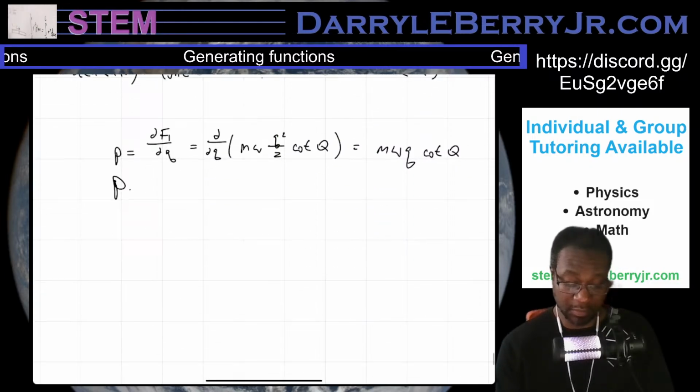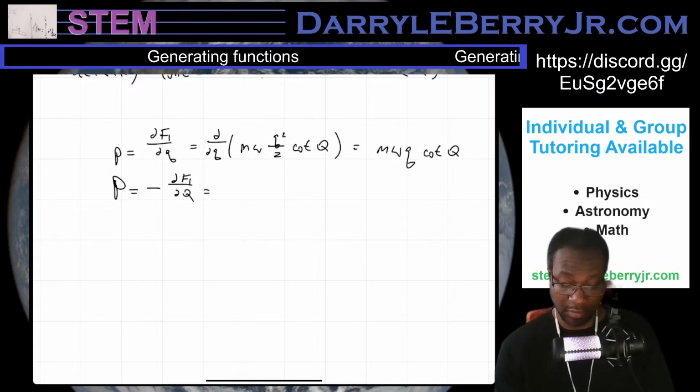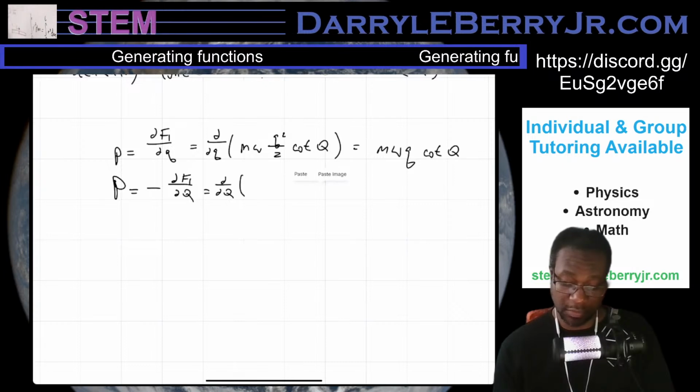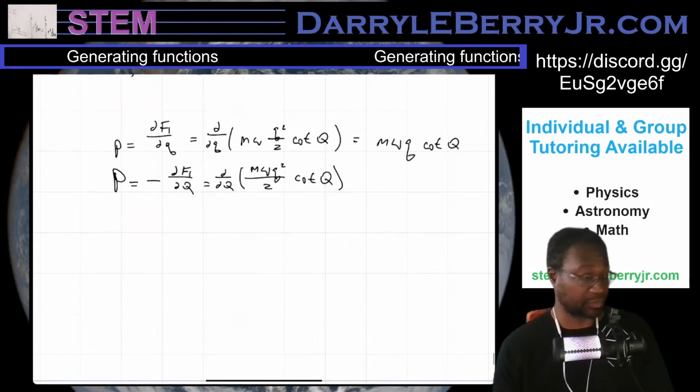And big P equals negative partial F1 over partial big Q, which equals partial big Q of m omega q squared over 2 cotangent Q. I don't know the derivative of cotangent.